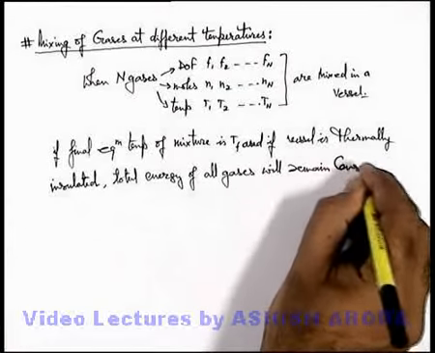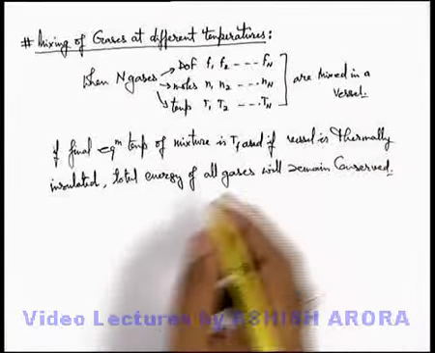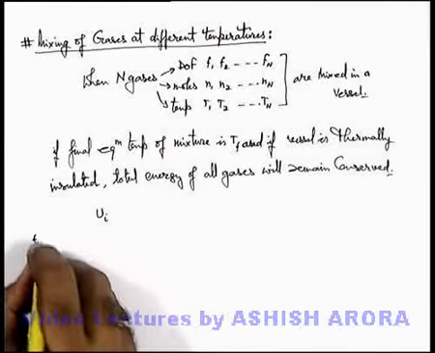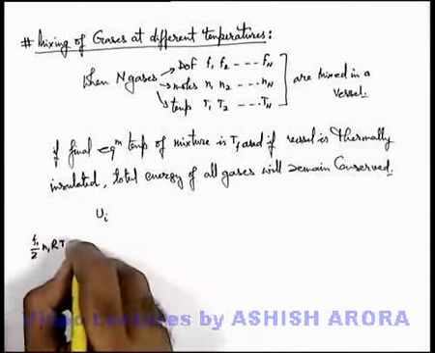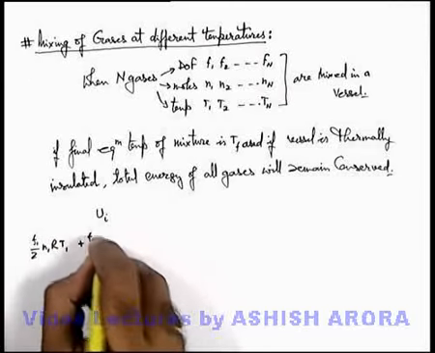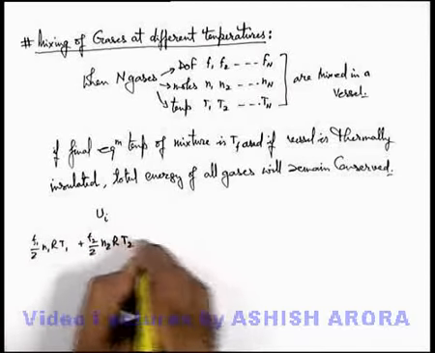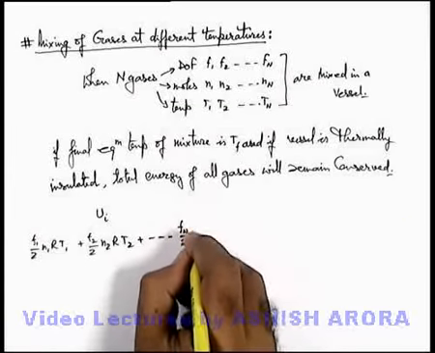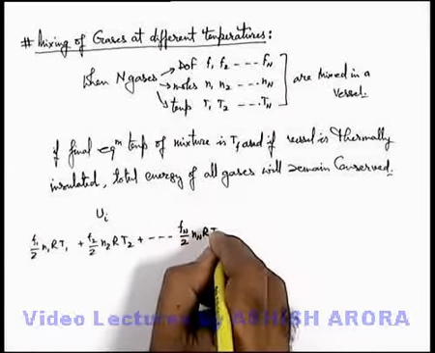So here we can write initial internal energy of all gases will be F1 by 2 N1 RT1 plus F2 by 2 N2 RT2 plus and so on up to Fn by 2 Nn RTn.